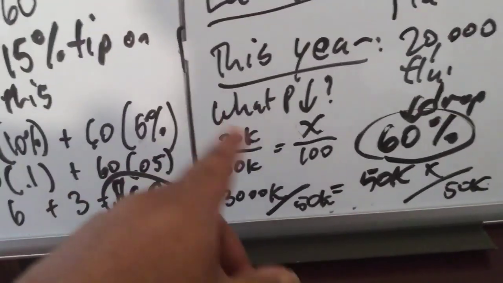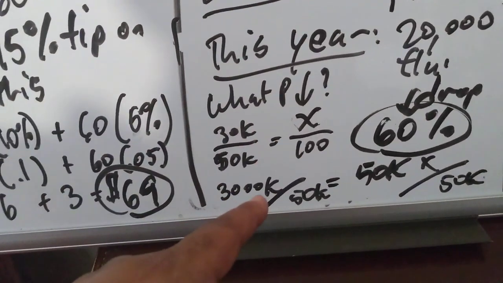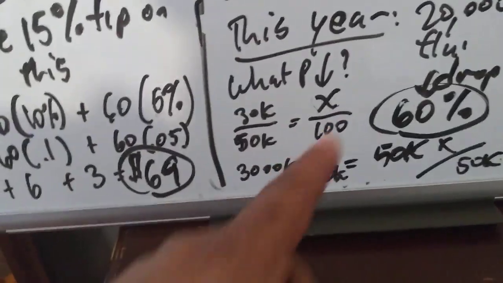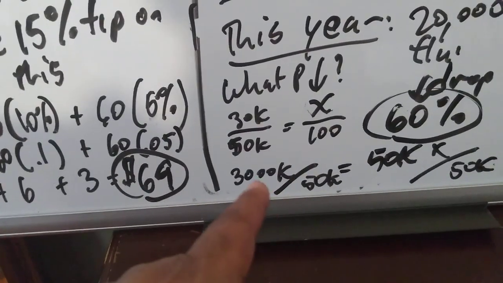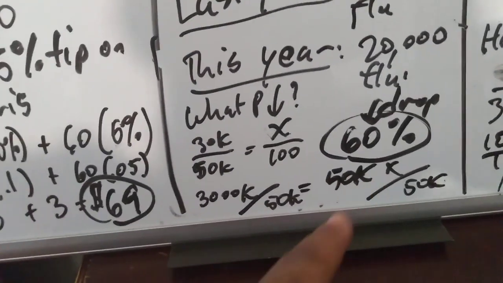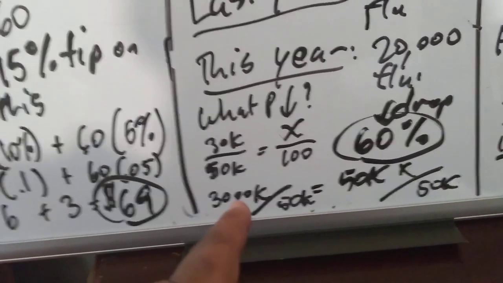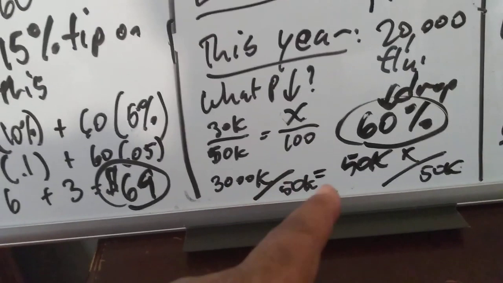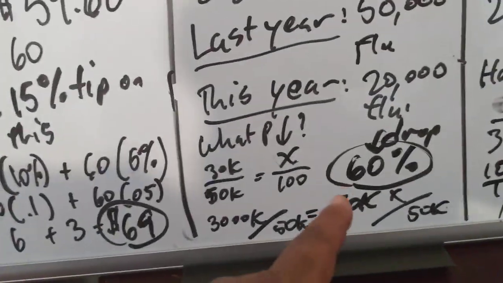So you do the math here, you crisscross. You get 3,000K equals 50K x. I'll divide both sides by 50K, so the zeros cancel, and you wind up with 300 over 5 because the K's cancel too. So that's 60.